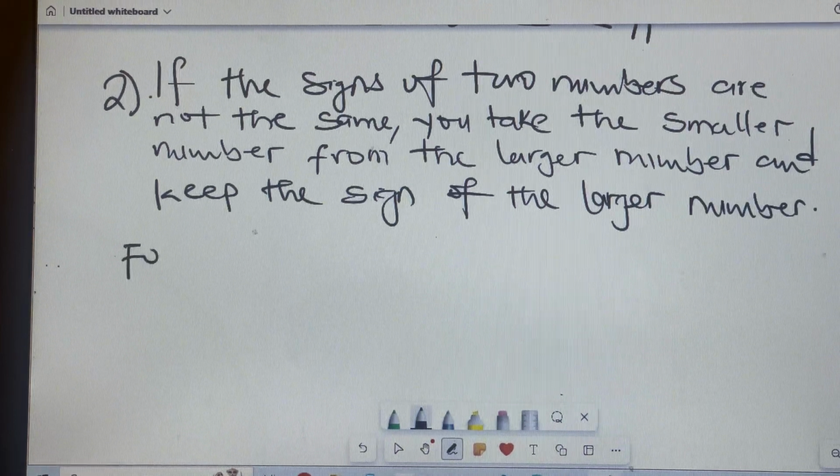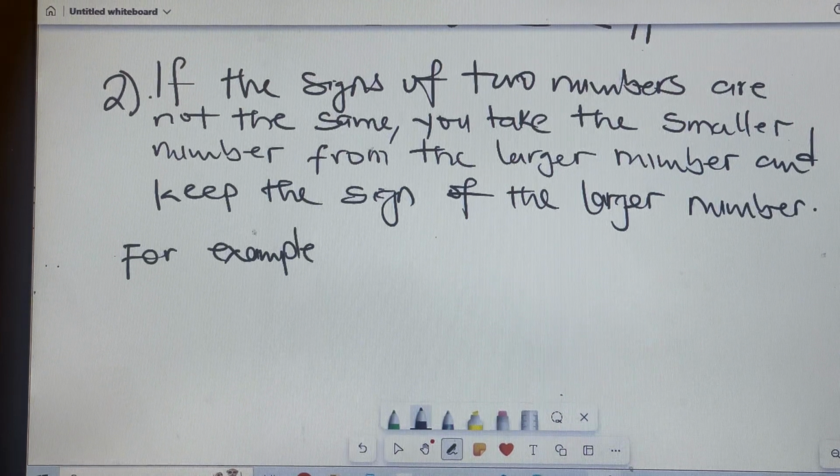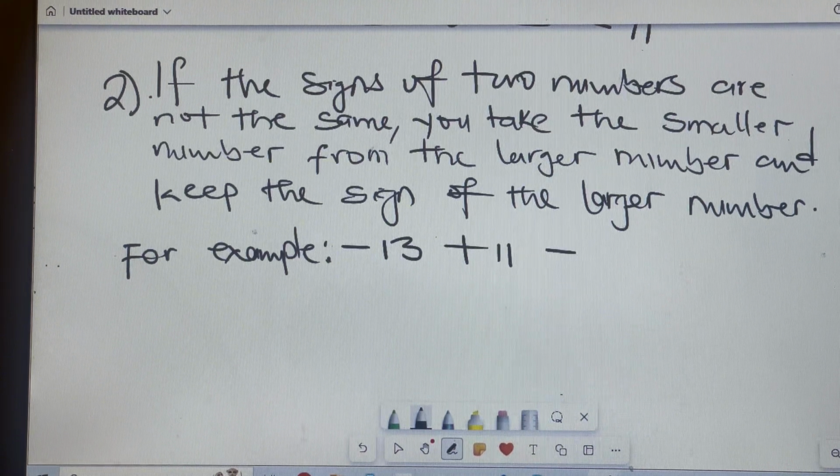For example, minus 13 plus 11 equals minus 2. So you take the smaller number, which is 11, from the larger number, which is 13, and keep the sign of the larger number, which is negative.